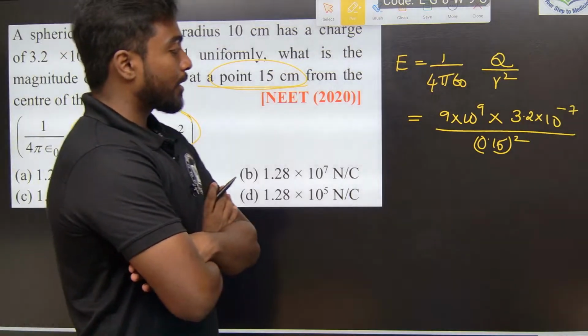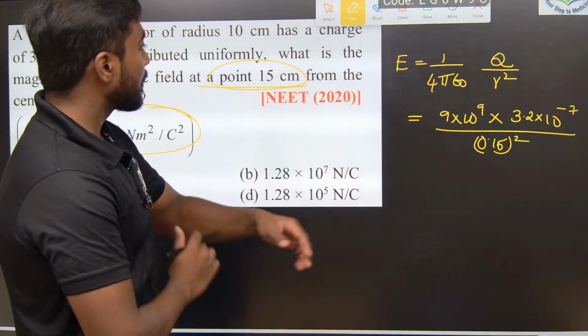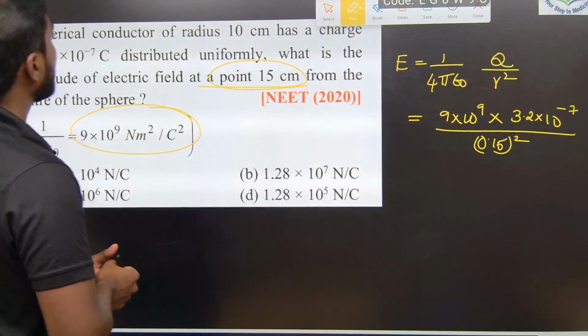When I calculate this, I will get the answer for the electric field. That is what they are asking.